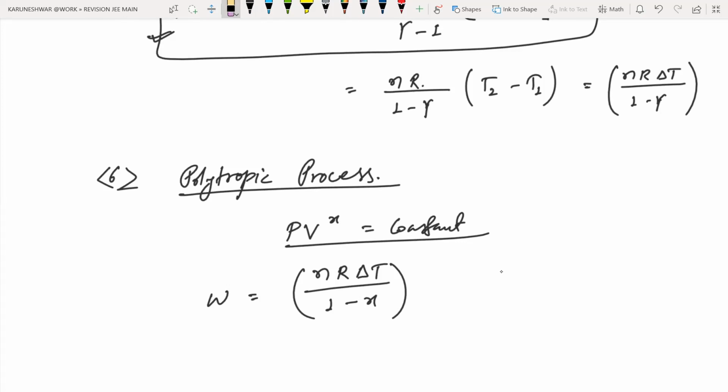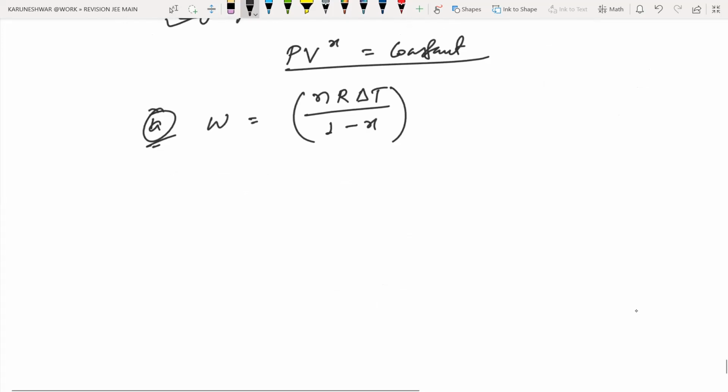Now, this is the first thing you need to remember in a polytropic process: how to calculate the work done. The second point: molar heat capacity will be 0 in an adiabatic process, but here we don't have molar heat capacity 0.